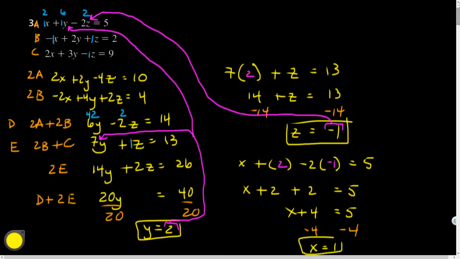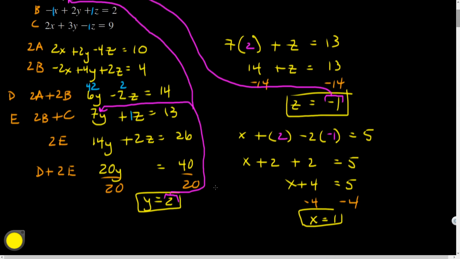And so my answer is the xyz combination. We call it an ordered triple, not an ordered pair. A pair would be two things. Coordinates, suggesting 2. All right, and so 1 for x, 2 for y, and negative 1 for z.